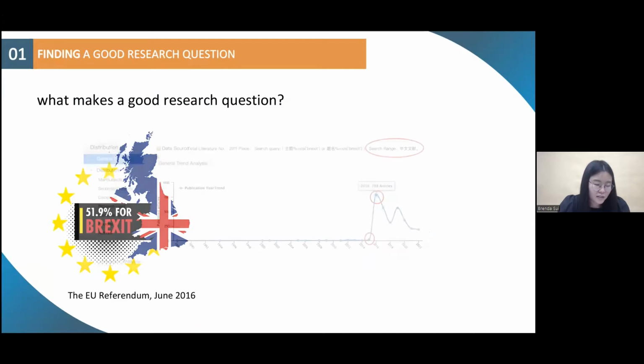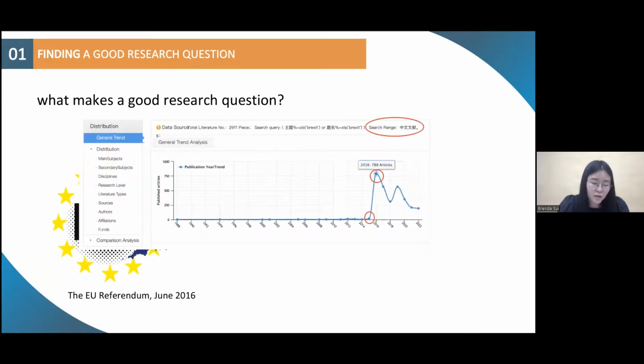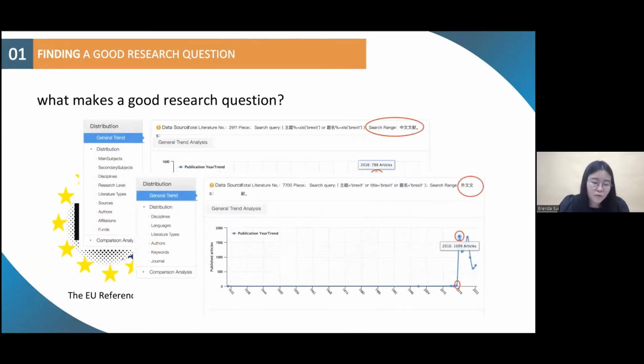When we analyzed related literature, we can see that the number of articles, both from Chinese journals and journals of other countries, all soared and reached a summit in 2016, which suggested that it was really a heated topic that provided much food for thought.